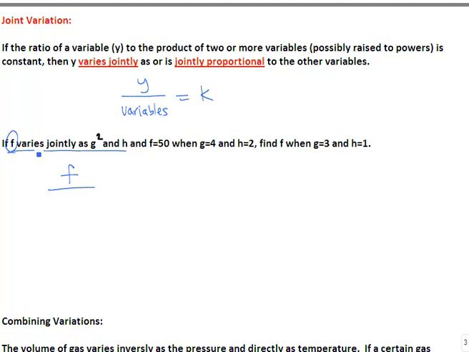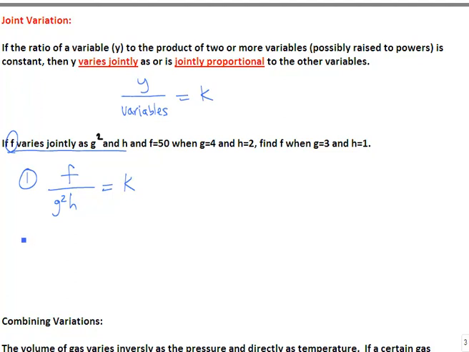In the denominator, since we're varying jointly, are your other variables. And we have a g squared and an h, and we want the product of those two in the denominator. So f came first, it goes on top. The g squared and the h go on the bottom. And this whole thing is equal to our constant of proportionality k. So this is what our joint variation looks like. f over g squared h equals k.